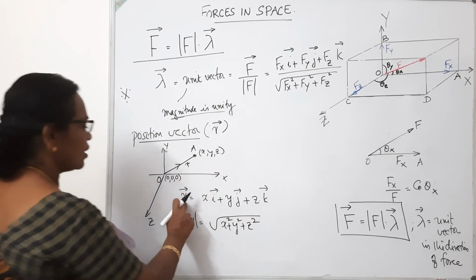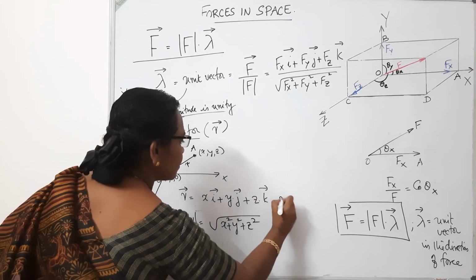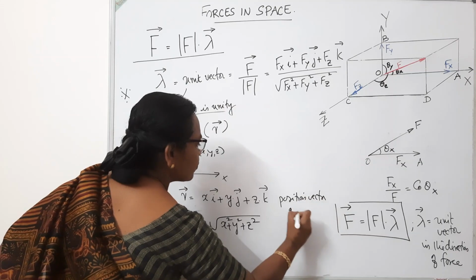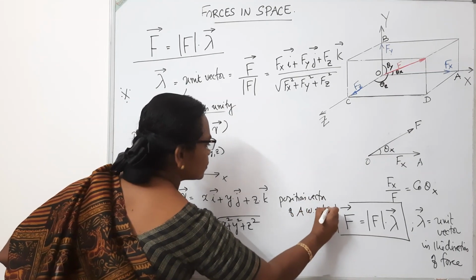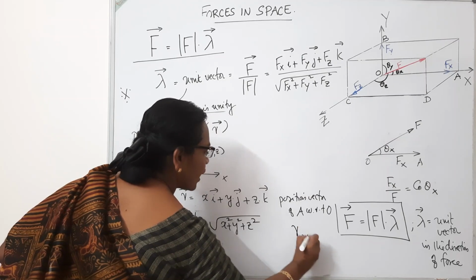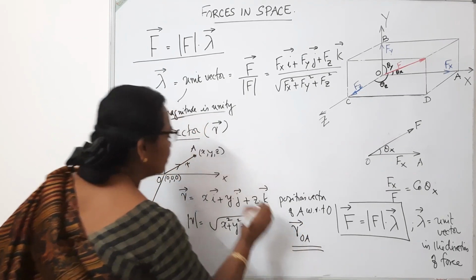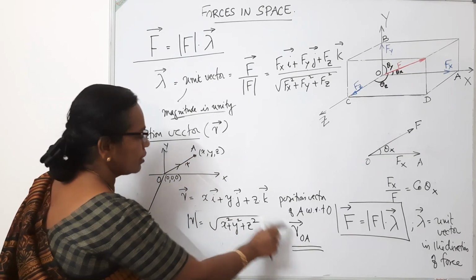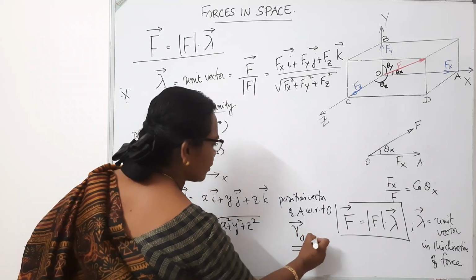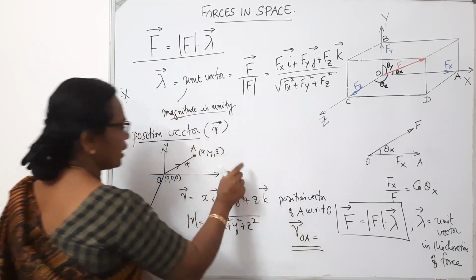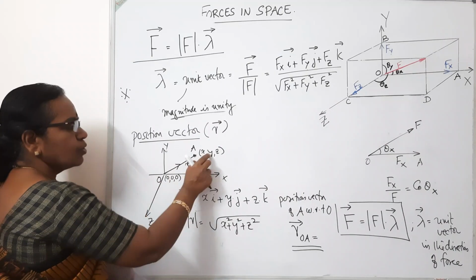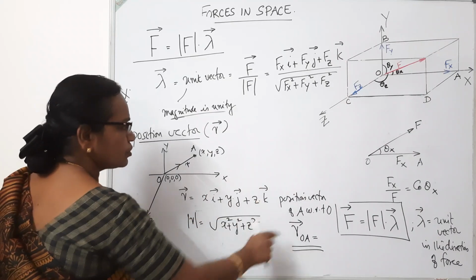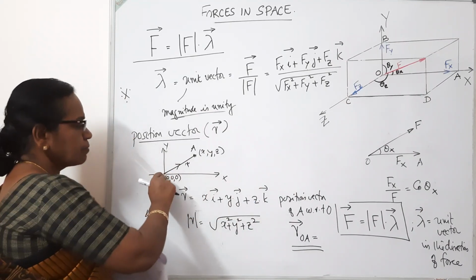This r is called the position vector of A with respect to O, or ROA. If you want to find ROA, take XA minus 0, YA minus 0, ZA minus 0. So this is the position vector of a point with respect to the origin.